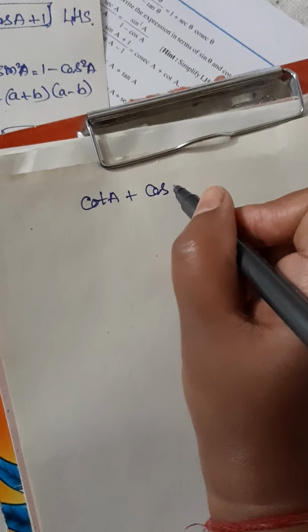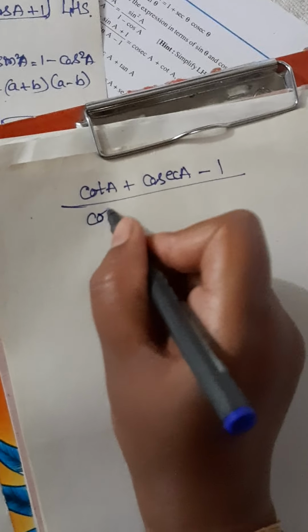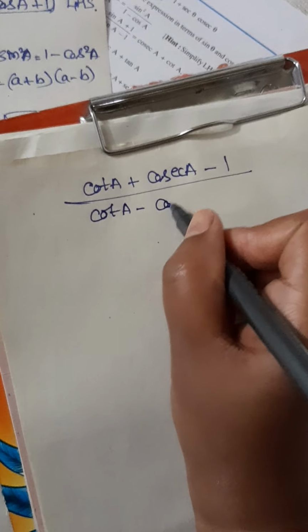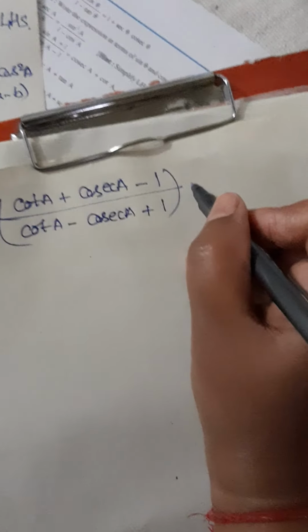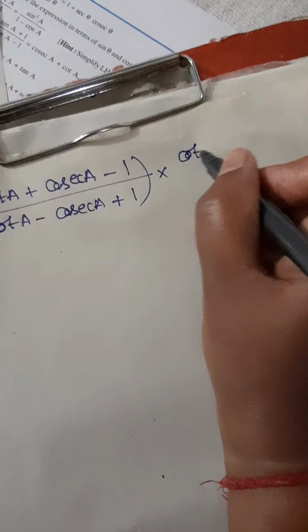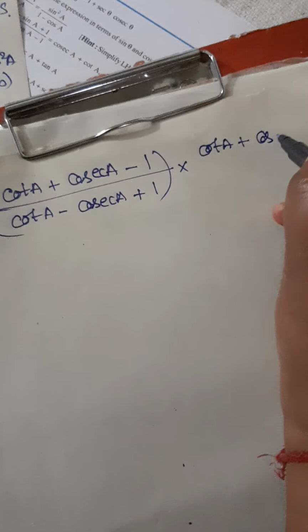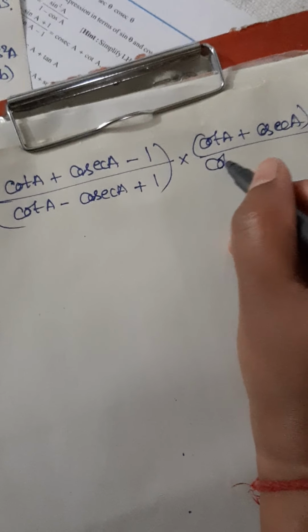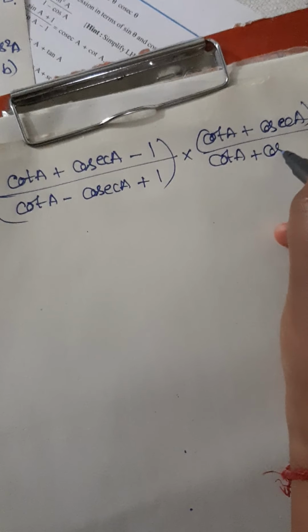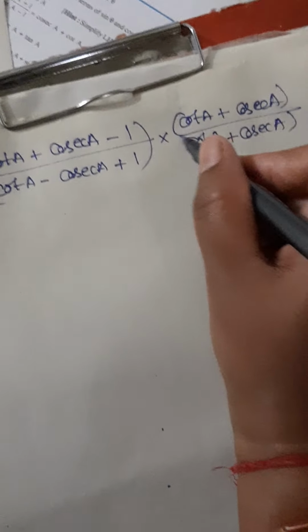What we have to do here is multiply and divide with cot A plus cosecant A. So cot A plus cosec A minus 1 over cot A minus cosec A plus 1, multiplied and divided by cot A plus cosecant A.